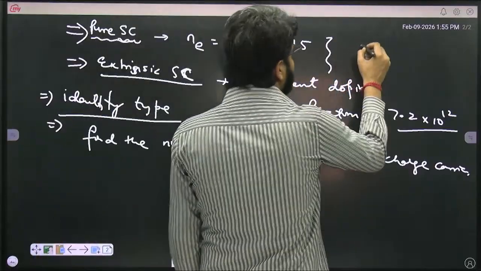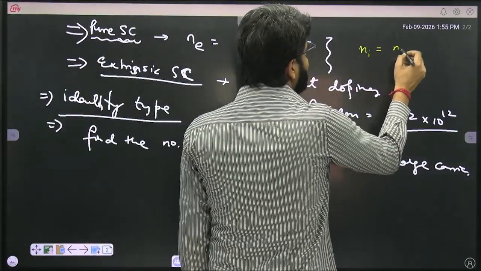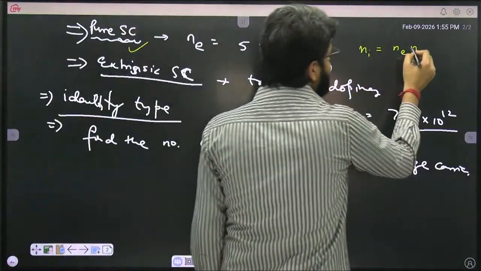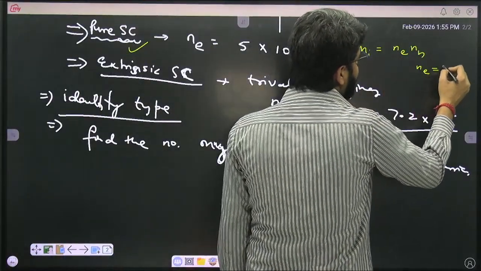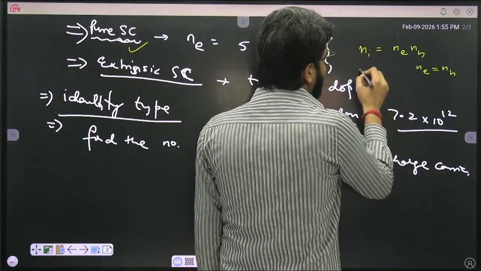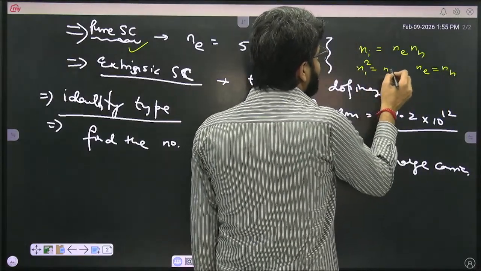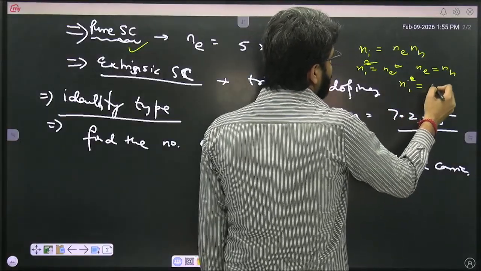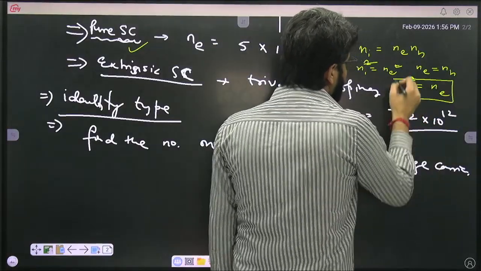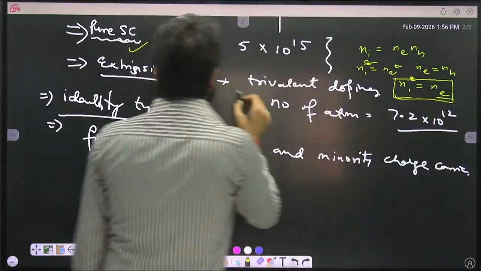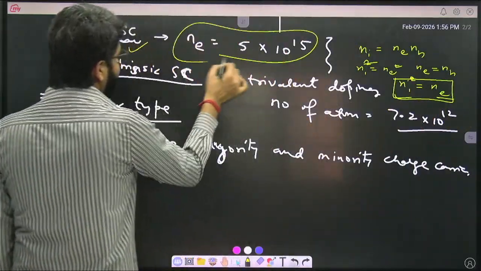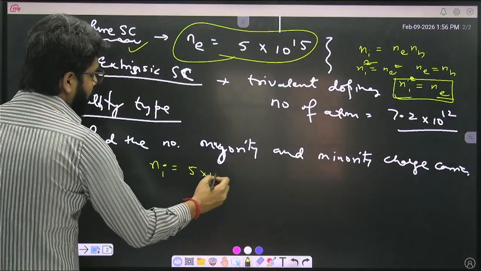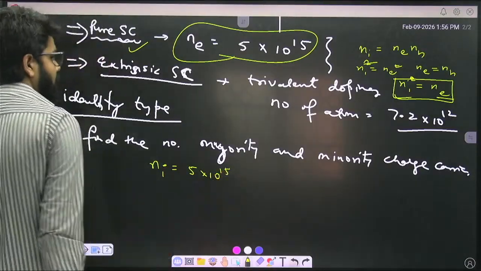Ni is equal to Ne into Nh, and for the pure semiconductor, Ne is equal to Nh. So Ni square is equal to Ne square, so Ni is equal to Ne. So the number of electrons is your Ni value. So the value of Ni you have got is 5 into 10 to the power 15.